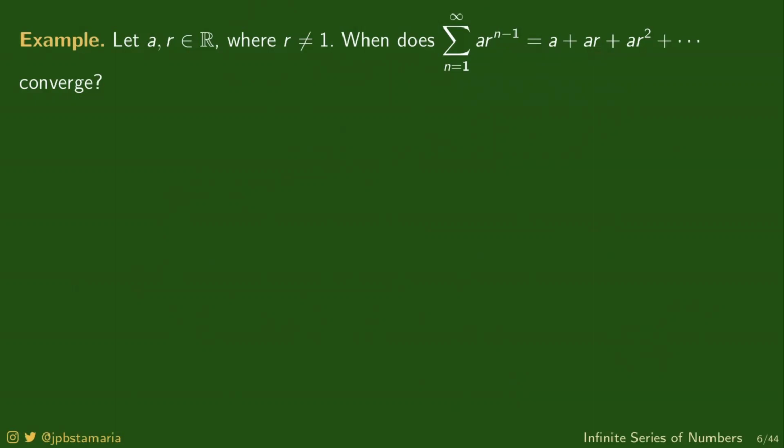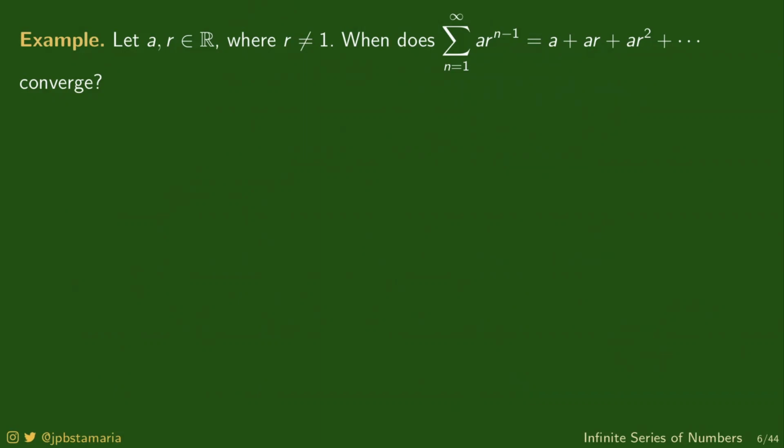Kasi kapag ang r ay 1, A lang yan. Okay? And that's not even geometric. Correct? So, ang r bawal maging 1. Okay? So, A plus Ar plus Ar squared plus and so on. Ito yung mga terms nung tinatawag nating infinite geometric series.